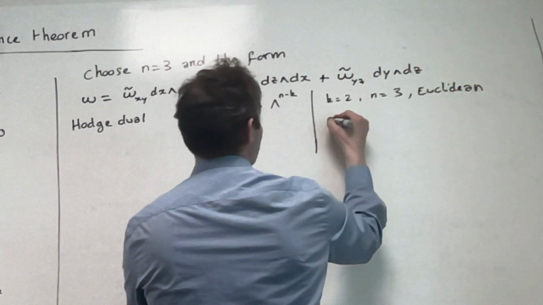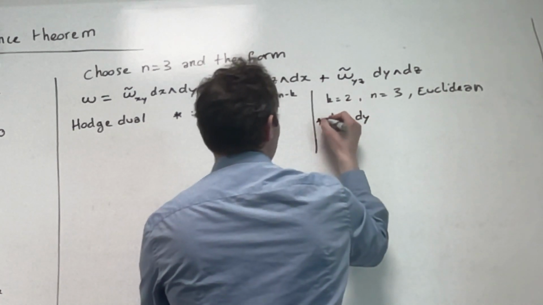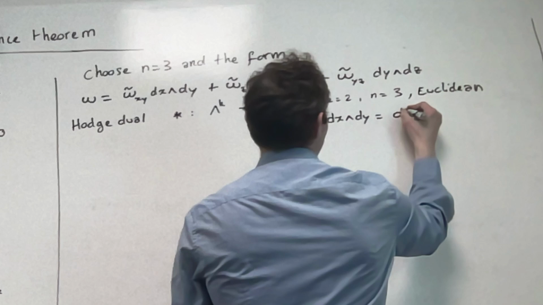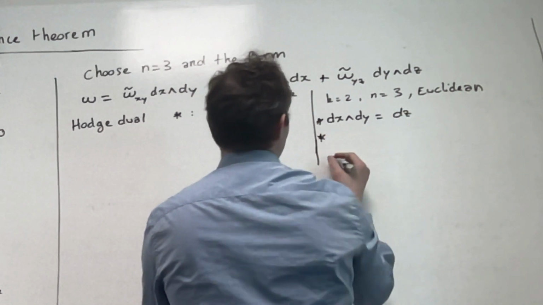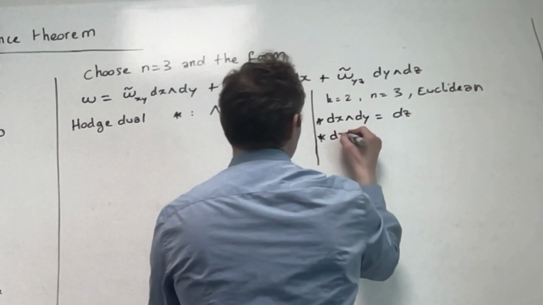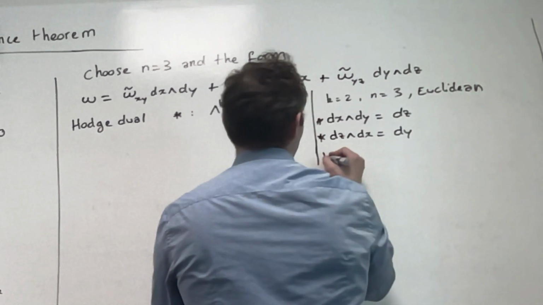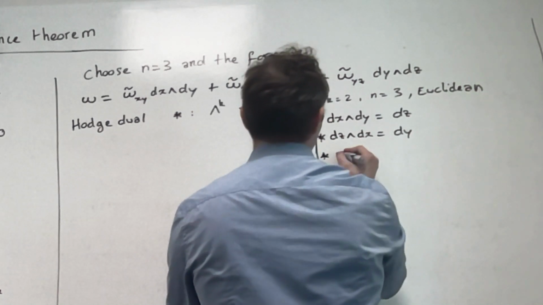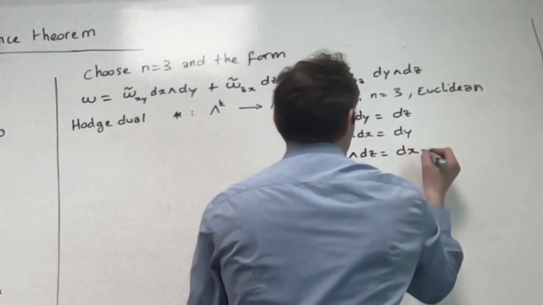Then we have the following: the star of dx wedge dy is equal to dz. Then the star of dz wedge dx is equal to dy, and then the star of dy wedge dz is equal to dx.